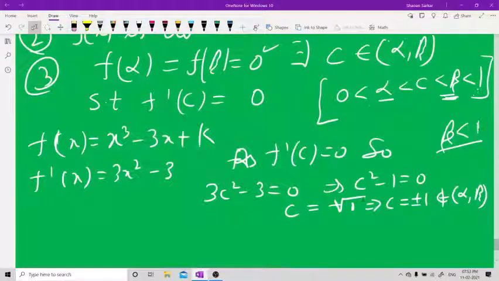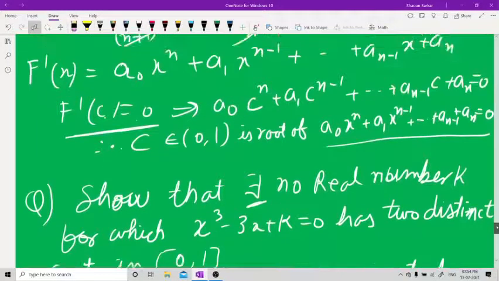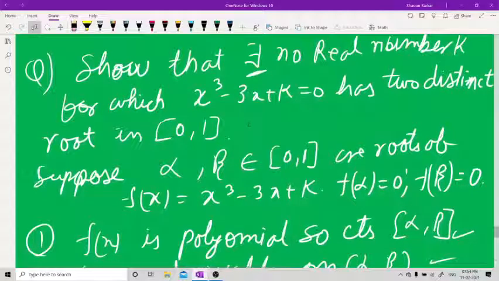I have taken two distinct real roots, and I had to show there is no real number k for which I will get two distinct real roots.